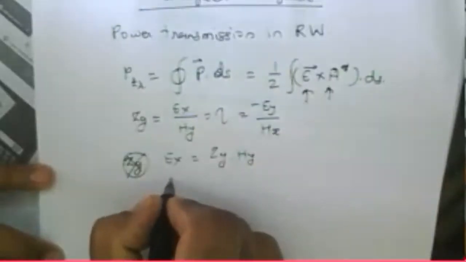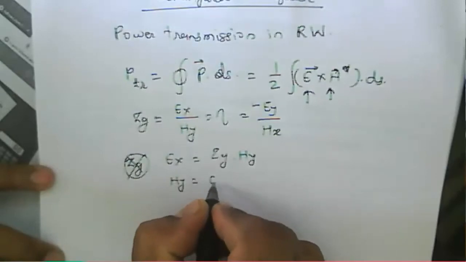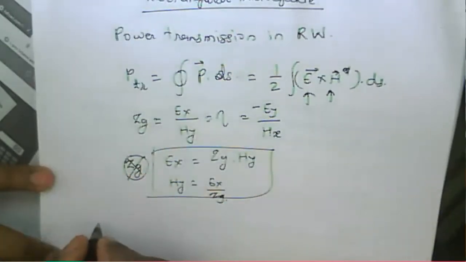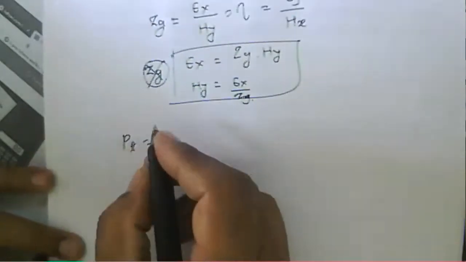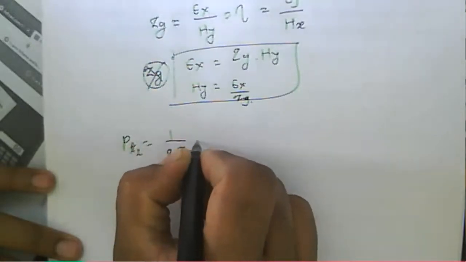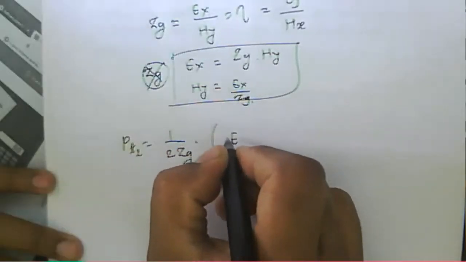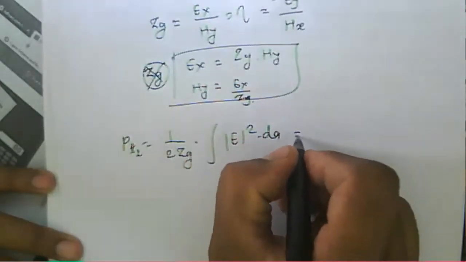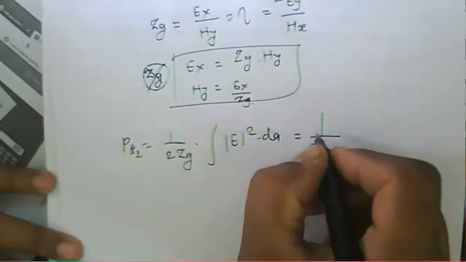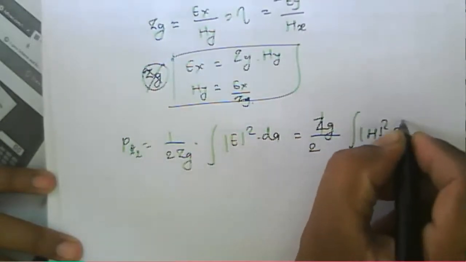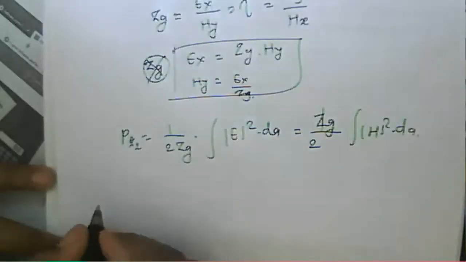If I write that Hy is equal to Ex divided by Zg, then in that case our expression becomes power transmitted is equal to 1 by twice Zg, the integral of the electric field component perpendicular, over the area, and this is nothing but E square into dS. Why does this E square come here?